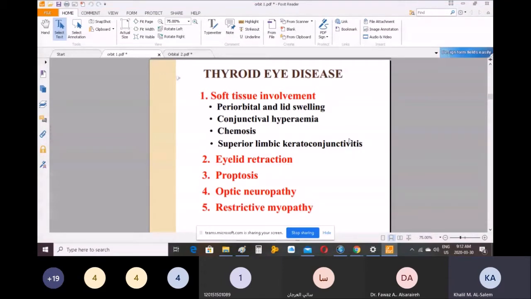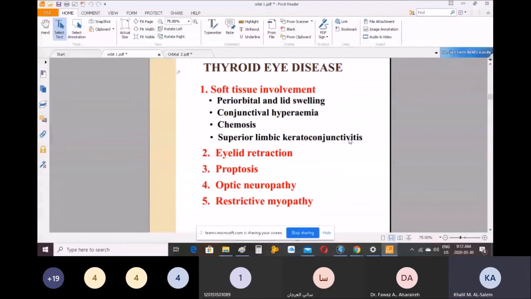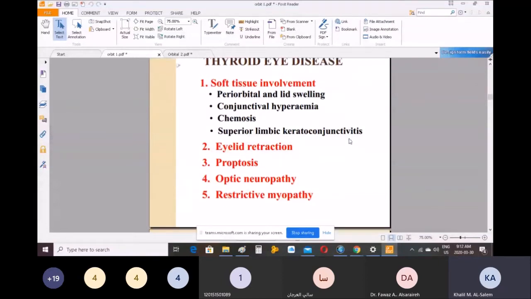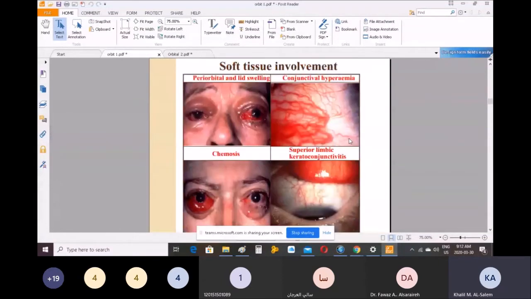And then we have the fibrotic stage, where you have eyelid retraction, ptosis, optic neuropathy, and restrictive myopathy. Let's take each one in detail. Now, these are the inflammatory signs usually seen in patients with Graves' disease.